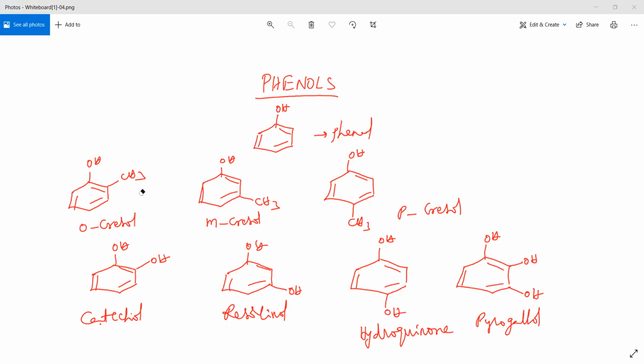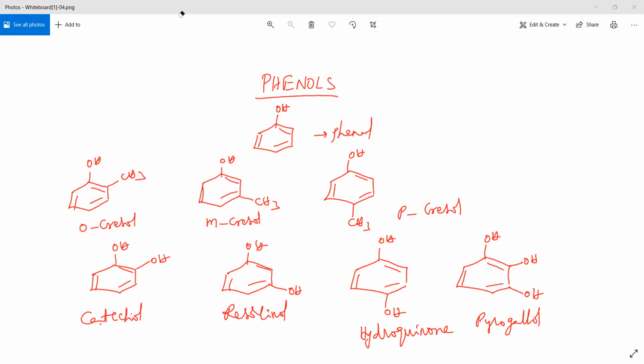Then catechol: the OH group is present at the ortho position. Resorcinol: the meta position. Hydroquinone: the para position. If three OH groups are present on adjacent carbons, it is called pyrogallol.